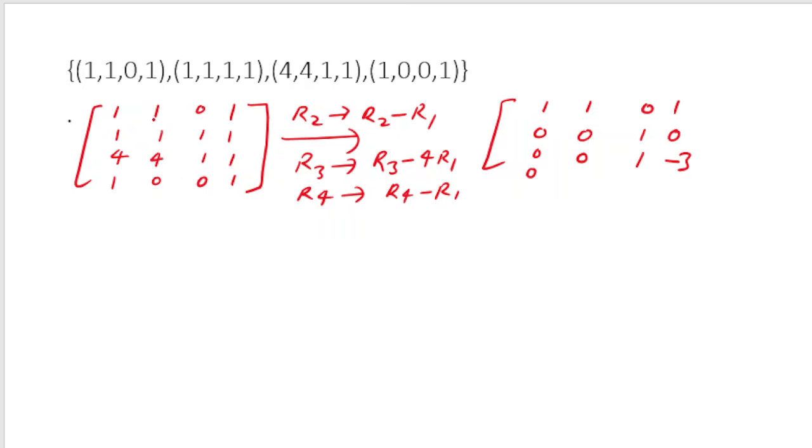And here 1 minus 1 is 0, 0 minus 1 is minus 1, 0 minus 0 is equal to 0, and 1 minus 1 is also equal to 0. I hope it is clear up to this. Yes or no? Let me write it better.